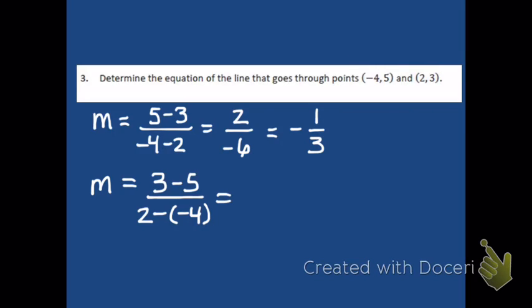And when I sort that out, I get 3 minus 5 is -2. 2 minus -4 is +6, because that would be +4. And in the end, the result is still a -1/3. So whichever direction I want to go, the slope is still going to be a -1/3. That should be a negative right there.